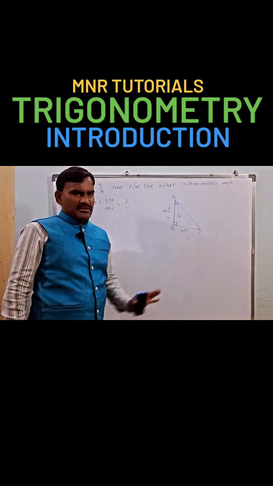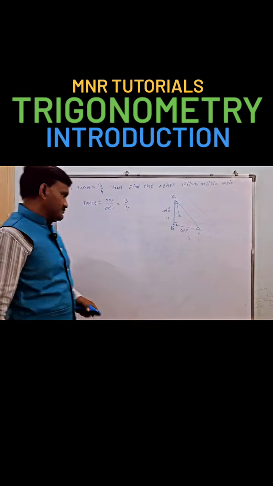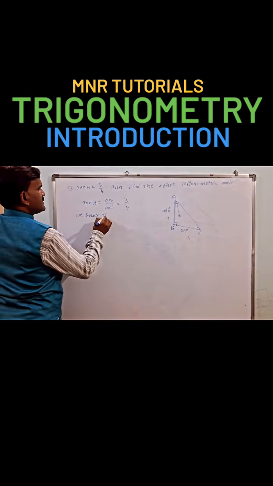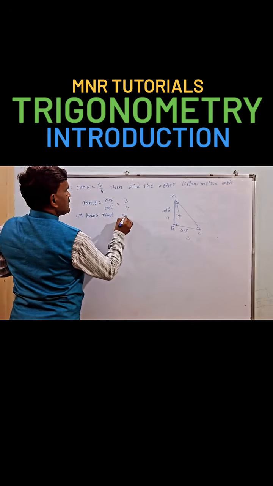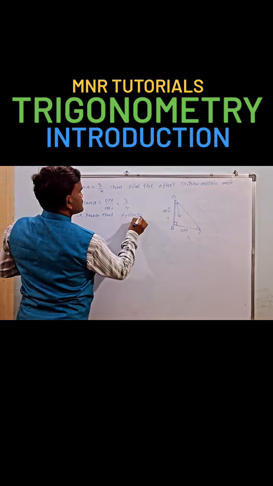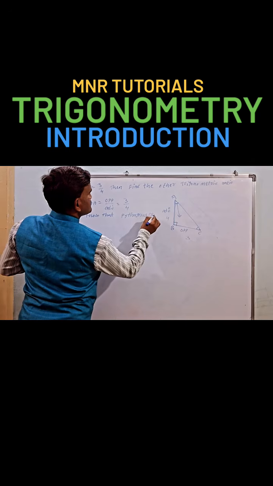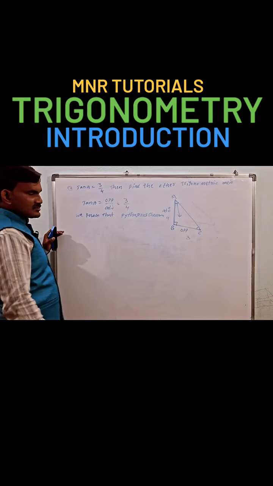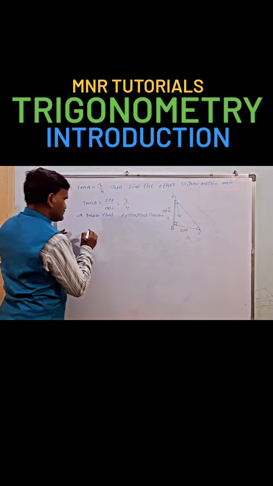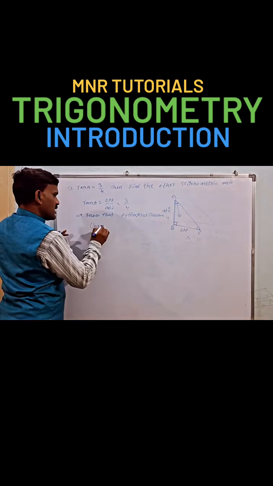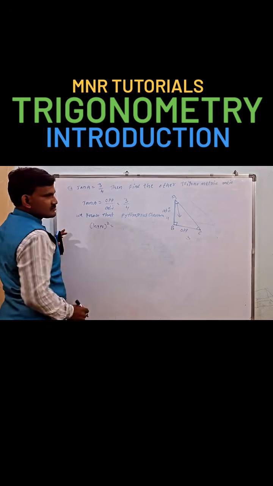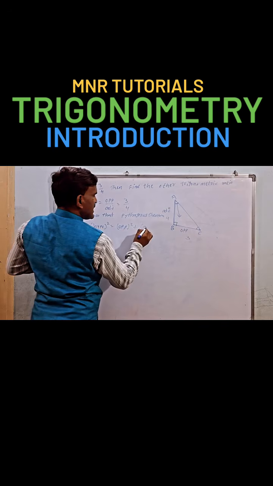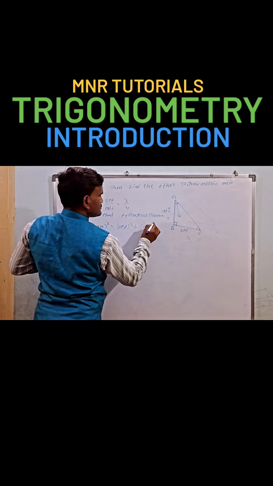Then find the AC value. We know the Pythagoras theorem. According to the Pythagoras theorem, hypotenuse square equals opposite square plus adjacent square.